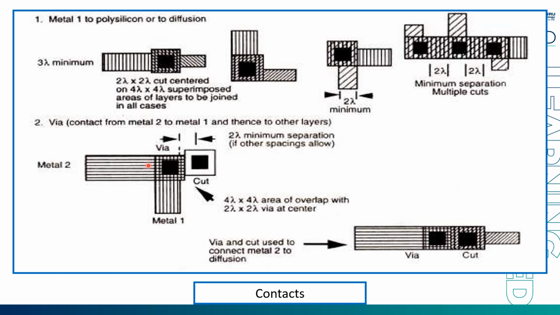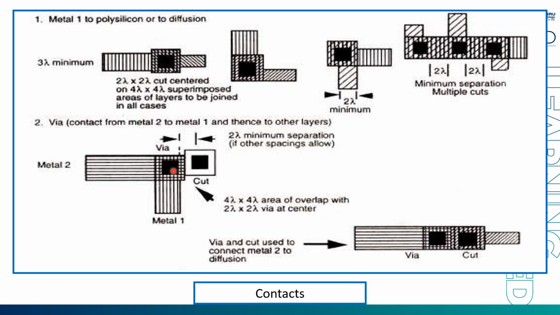Likewise, whenever I go for a via connection, this is how I do it. The distance between this black square and this black square has to be 2 lambda minimum separation. And similarly, just like here I have 4 lambda cross 4 lambda for the overlap area.